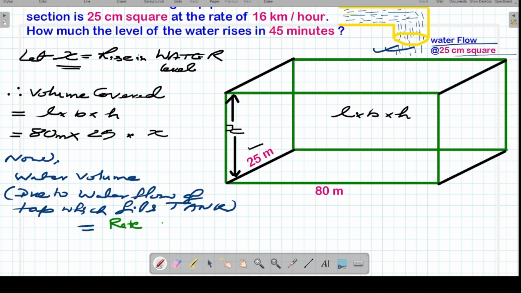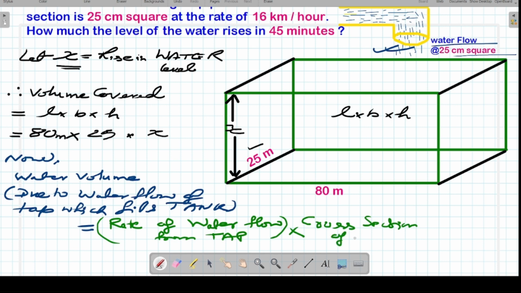Water volume which is coming through the tap or pipe which fills the tank is equal to the rate of water flow from the tap, that means the speed at which the water is coming from the pipe, multiplied by the cross section of the pipe.